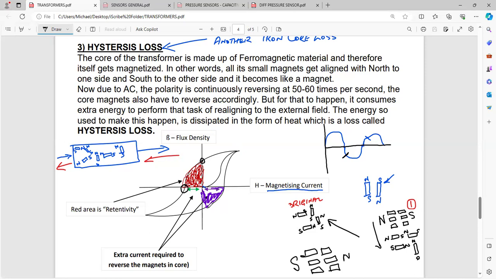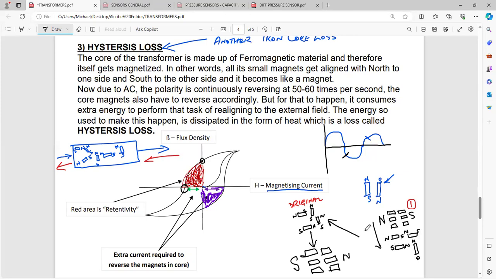So now we have gone into the negative territory. And once again, as the current is increasing in the negative direction, from this position it comes into this original position. From here, it is going to come to this one. That is why I've drawn these arrows like that.